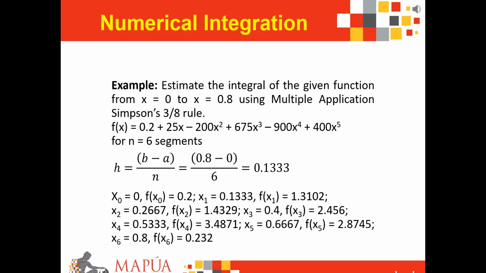We then substitute these important values of x onto your function in order to fit them using your cubic function. Hence, your fx0 would simply be 0.2, your fx1 to be 1.3102, your fx2 to be 1.4329, your fx3 to be 2.456, your fx4 to be 3.4871, your fx5 to be 2.8745, and finally your fx6 to be 0.232.